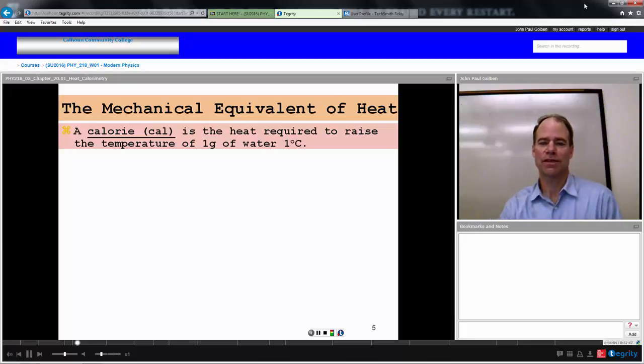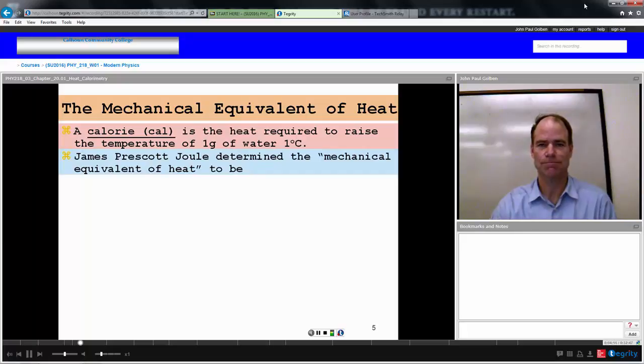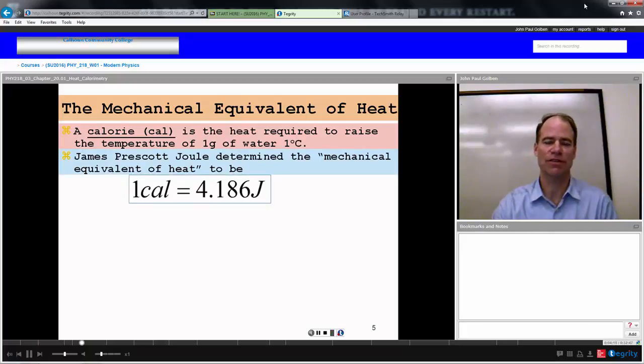Mechanical equivalent of heat. A calorie is defined as the heat required to raise the temperature of 1 gram of water 1 degree Celsius. James Prescott Joule determined this mechanical equivalent of heat to be 4.186 joules. So 1 calorie is 4.186 joules.